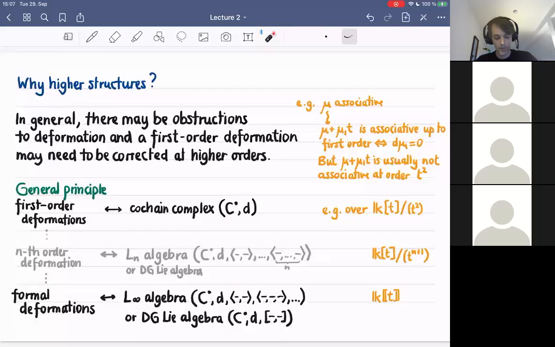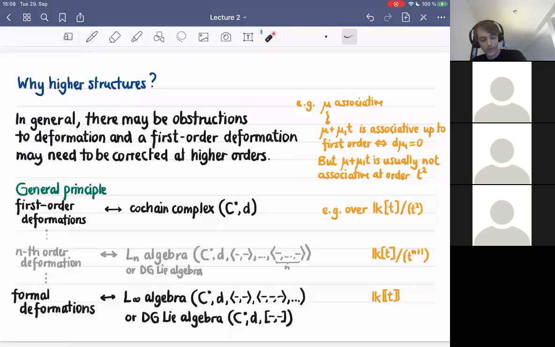And so just the general heuristic of why these higher structures appear is that in general, if you have some algebraic structure and you try to introduce a parameter that is meant to deform this algebraic structure by adding on some term, this will in general not satisfy the properties you would like to preserve under deformation.